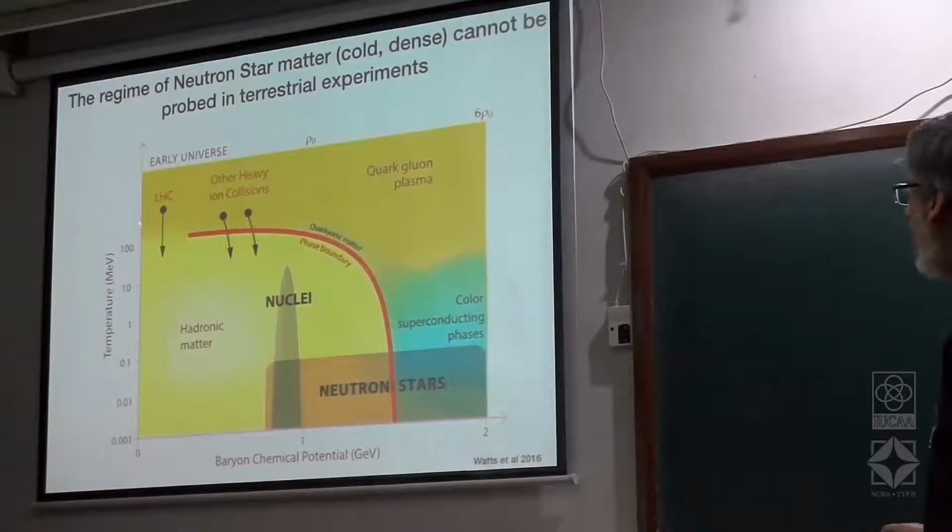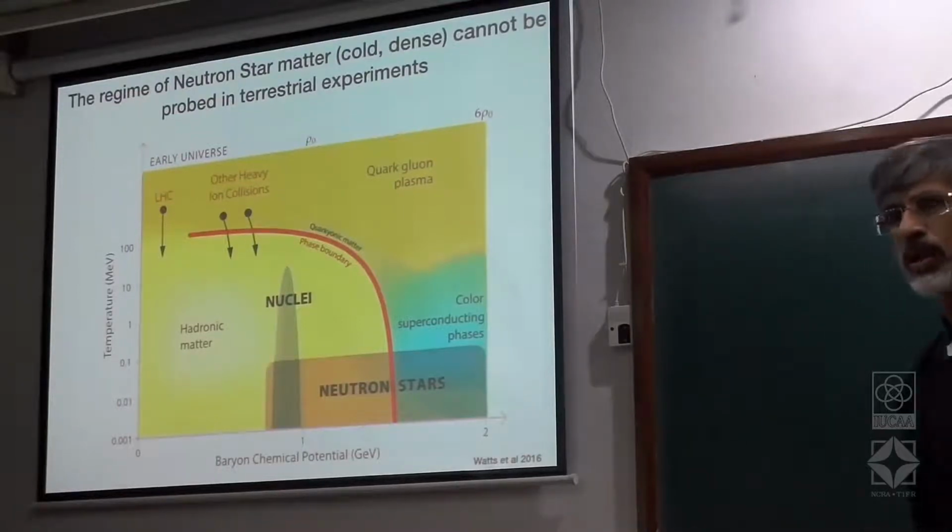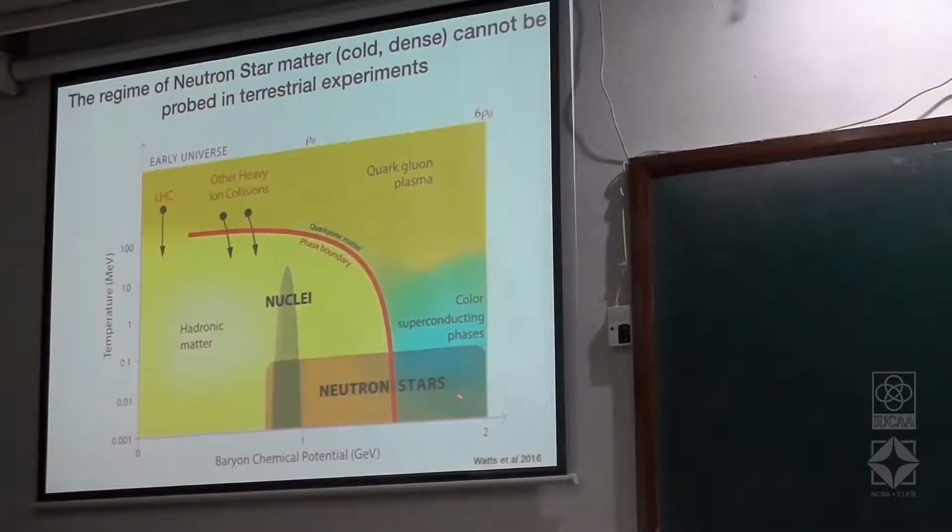That lies in the upper left-hand corner, which could be relevant to what the early universe was like. But the neutron star equation of state sits at the other corner, where you have high density. The baryon chemical potential going up here means the density is going up. So as you go to higher densities, again, laboratory experiments will give you something in this corner.